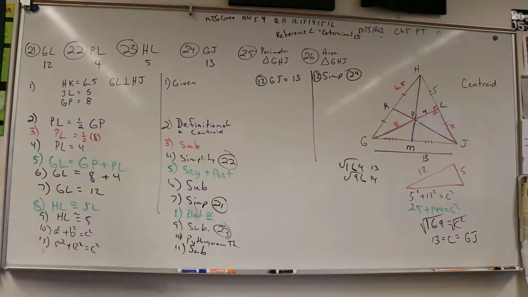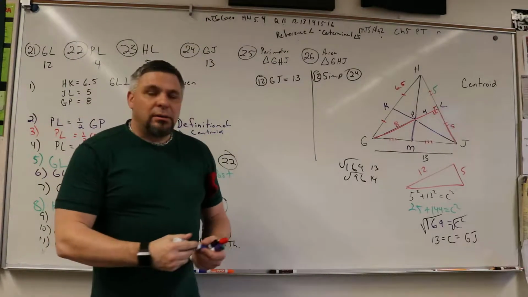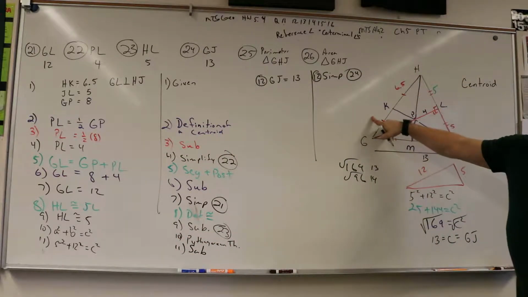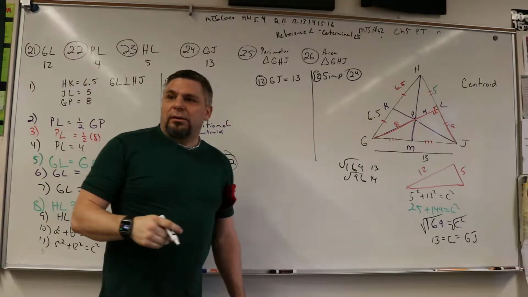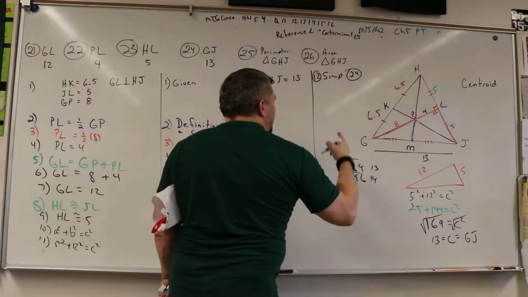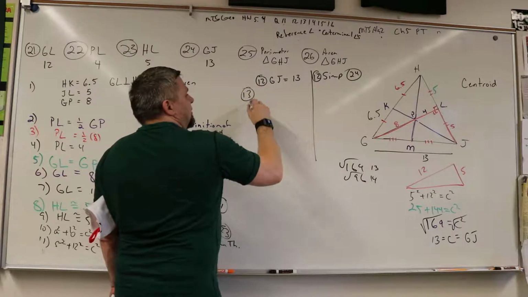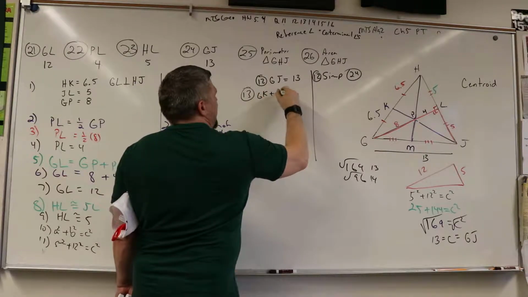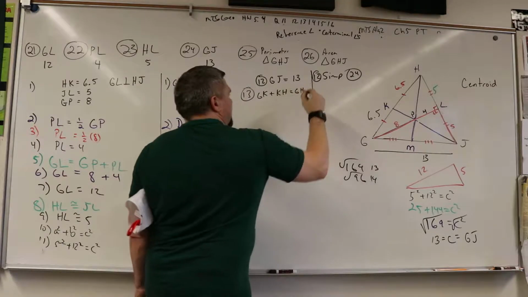Now they want to know the perimeter. What's the perimeter? Well, we have to add up all the sides, right? Well, then, how do I know what this side is? 6.5. Yeah. Right? So that means that 13 was GK plus KH was equal to GH, right?